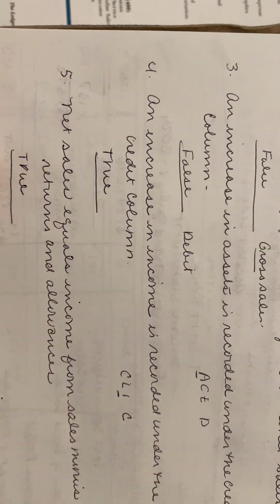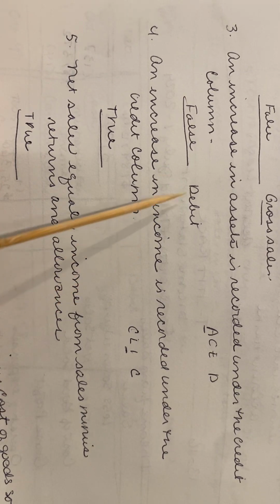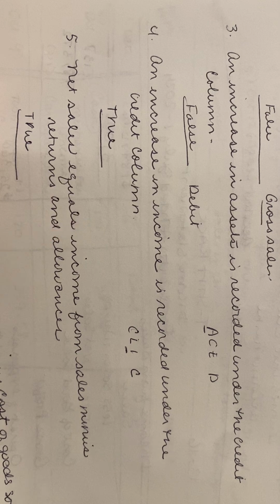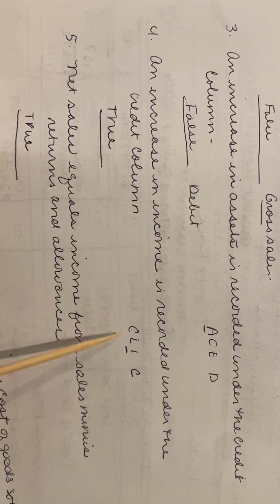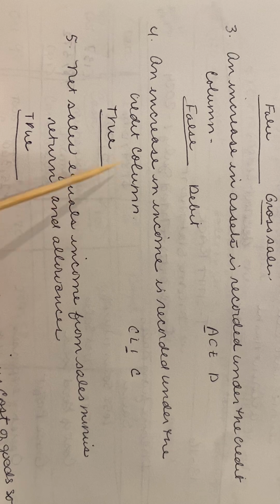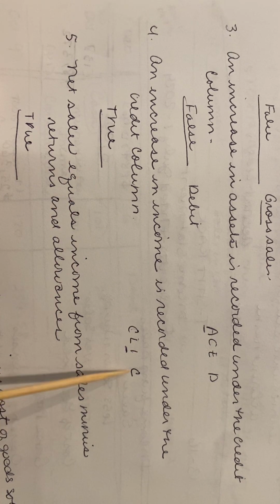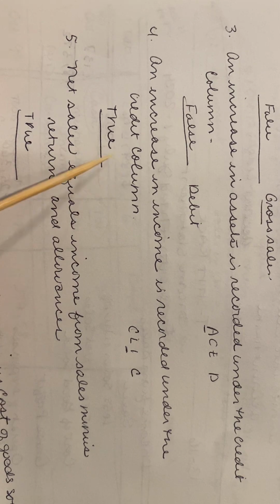So on to number 4. An increase in income is going to be opposite, because it's on the other team, I should say. So an increase in income is recorded under the credit column. Yes, it is, because an increase in income is going to be credit. So true.